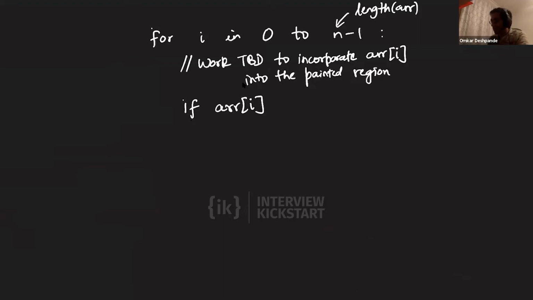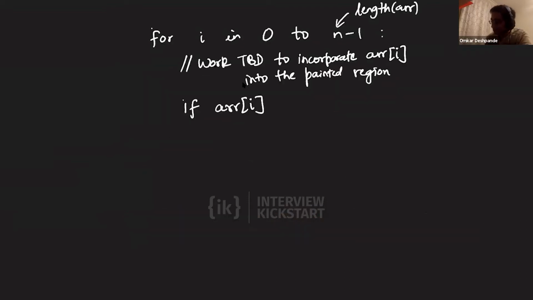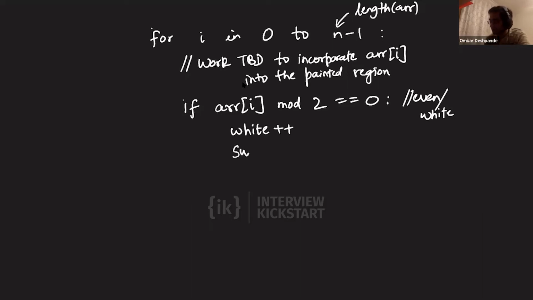And if it is white, or in terms of the even or odd requirement, if it's even, right, that means ARR i mod 2 is equal to 0, right? If it's even, or you can say white in terms of color, what do I do? I increment the white pointer, and then I swap the white value, which is actually the leftmost red number, with my number.